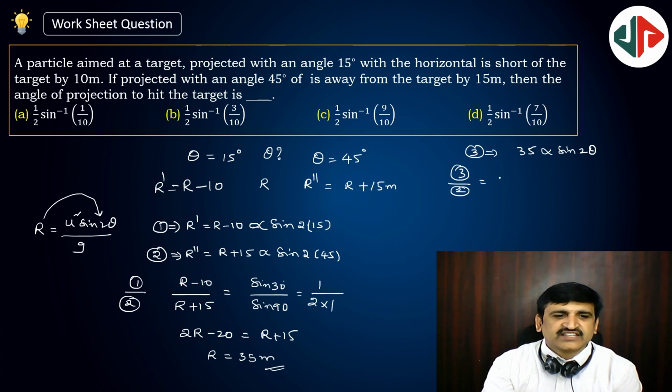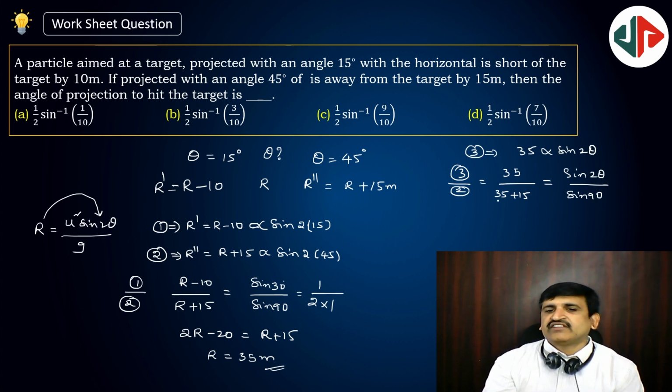Third equation is 35 by second equation left side. Second equation left side R plus 15, 35 plus 15, is equal to sine 2 theta by sine 90. Sine 90 value is 1.